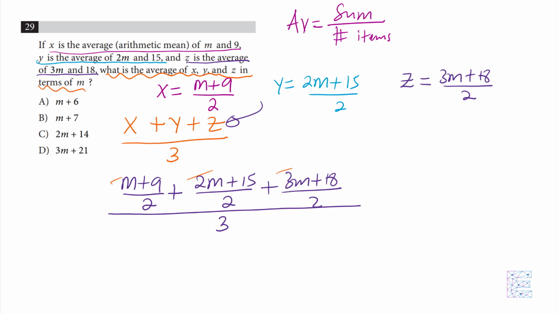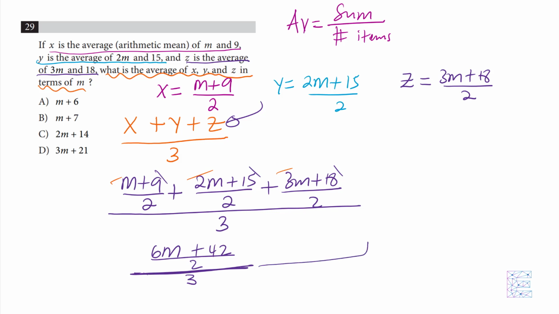And then we've got 9 plus 15 plus 18. That appears to be 42. So 6m plus 42 over 2, because they all have a denominator of 2. And then that whole thing is still being divided by 3 because we're averaging.